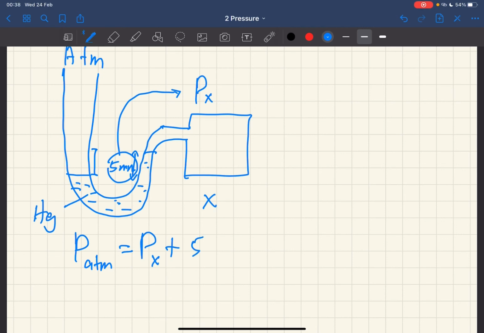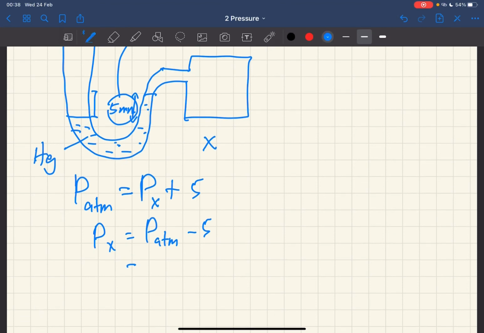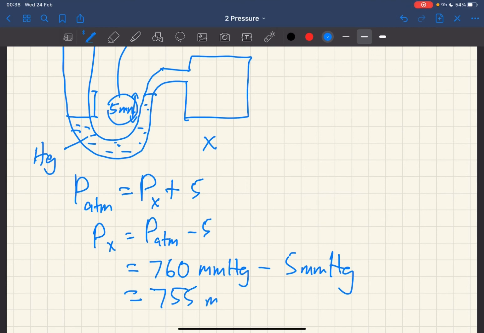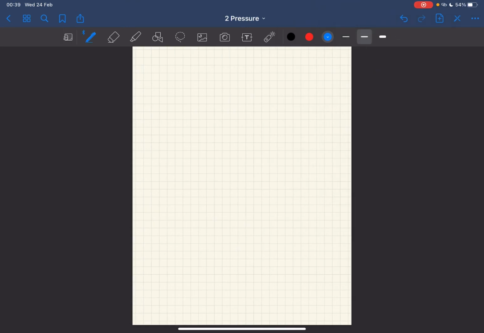So to calculate the pressure of gas X, we have to minus pressure of ATM minus the 5, or the height, which equals to 760 mm minus 5 mmHg. So you get the answer 755 mmHg. This is the pressure for gas X. Can you see the difference here? Let's see another thing.